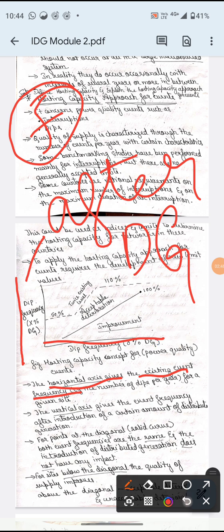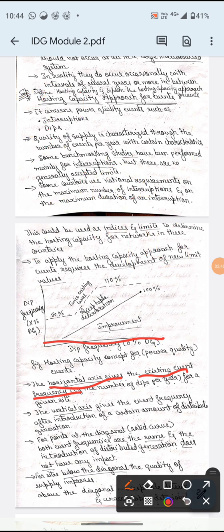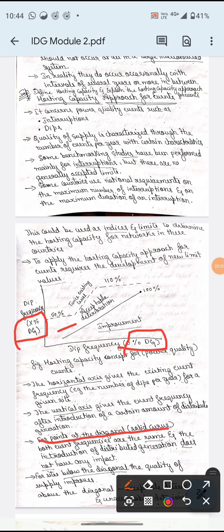You can observe it is 0% of DG here and X percentage of DG there. For points at the diagonal solid curve, above it is unacceptable deterioration, and below it the quality of supply is improved.